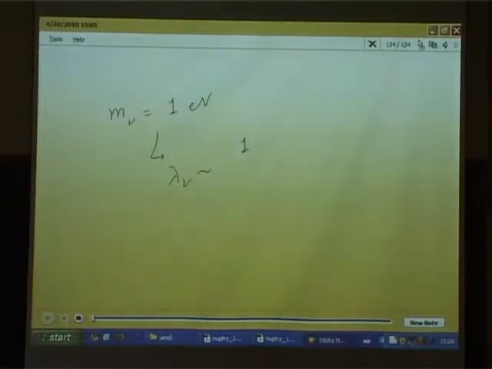So it's 1 electron volt divided by 246 GeV. Just give me a power. So lambda is 10 power minus 11.